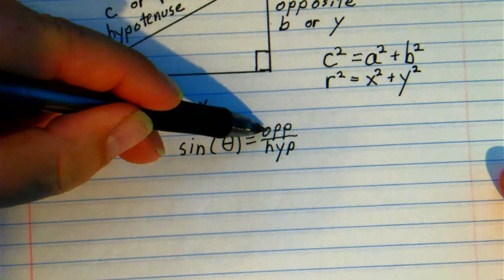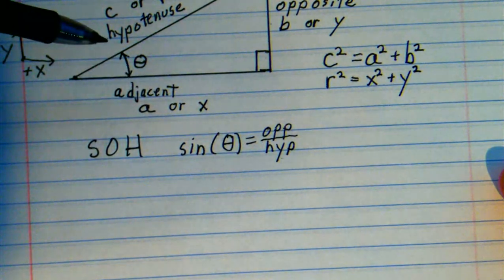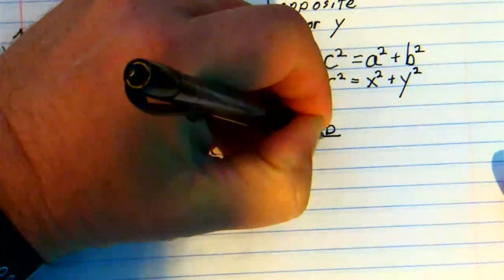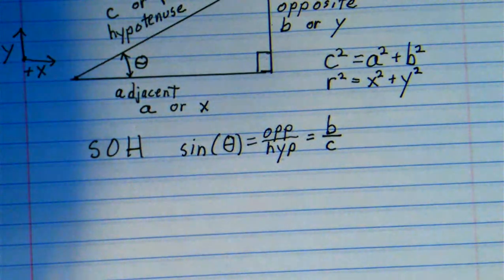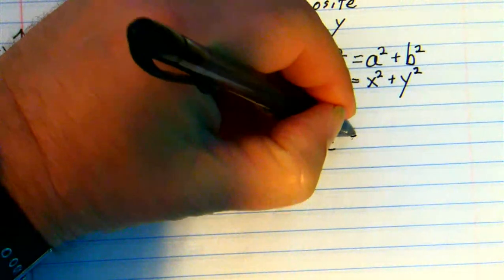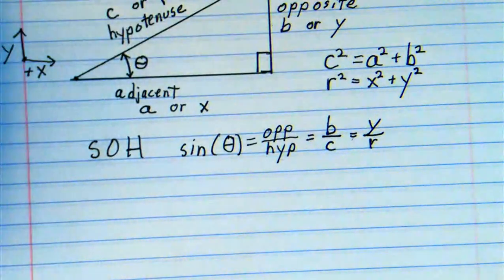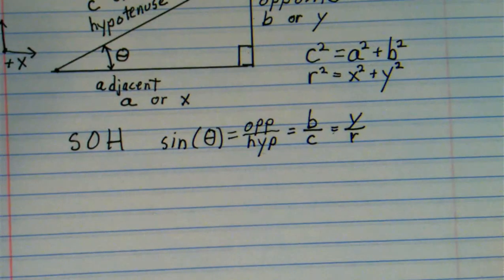Sine is opposite divided by hypotenuse. The opposite side I notated as B over C, but I also wrote it as Y divided by R. Whichever style you want to use for labeling these things, that's fine.